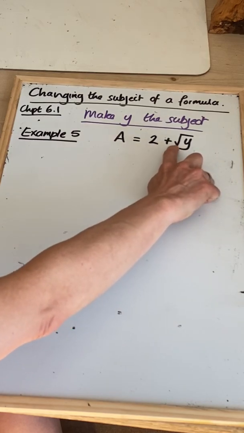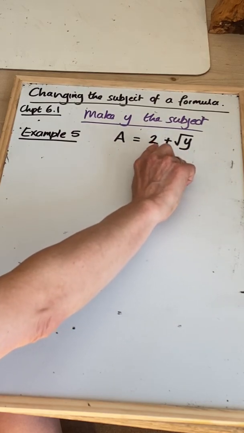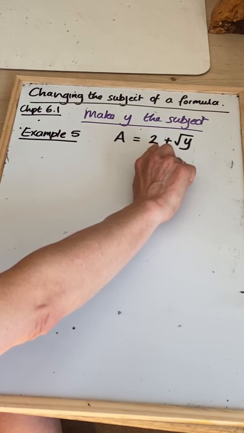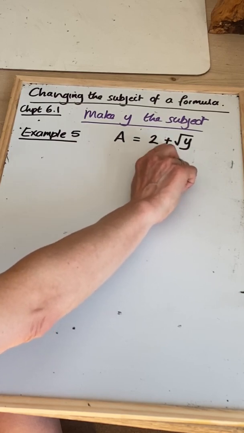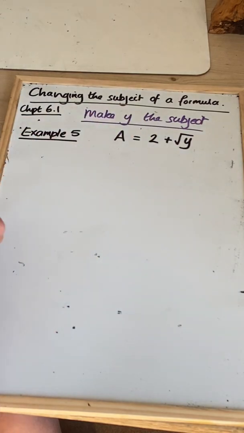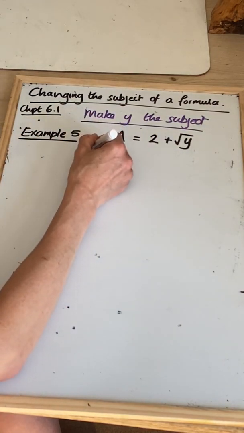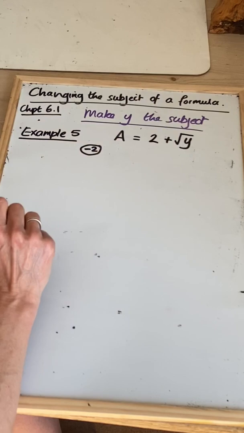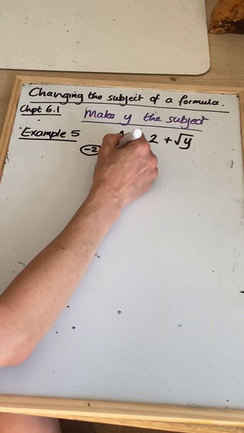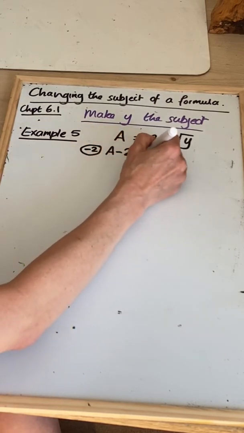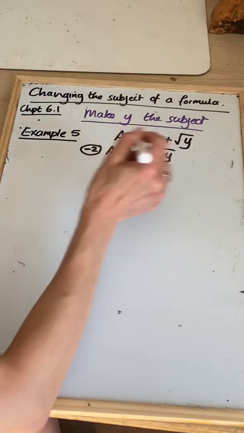Well, it's been square rooted and it's had a 2 added to it. So the first thing we're going to want to do is get rid of the 2 that it's had added to it. So let's subtract 2. Remember, we have to do that from both sides. A minus 2 equals the square root of Y.